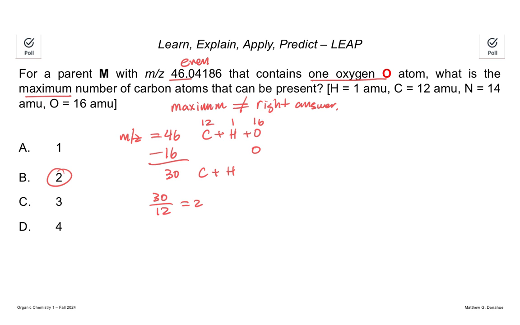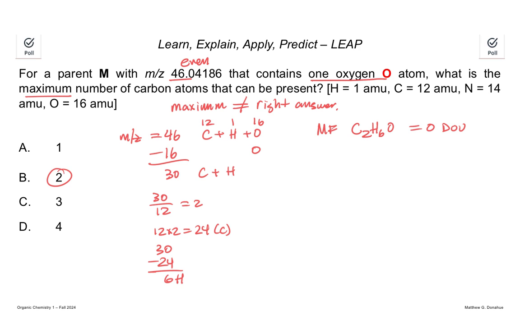That's the carbon contribution. So how do we figure out the H count? 30 minus 24, that gets us 6. That's the H count. So the molecular formula is C2H6O. We saw from the prior problem that for 2 carbons we need 6 hydrogens. Oxygen doesn't affect the hydrogen count, so this also has 0 degrees of unsaturation.